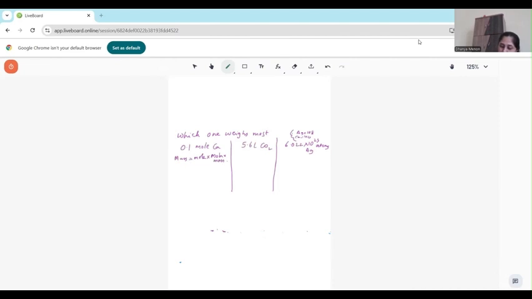I'm using the formula mole equal to mass over molar mass. So how do you find out the mass? Mole times molar mass.